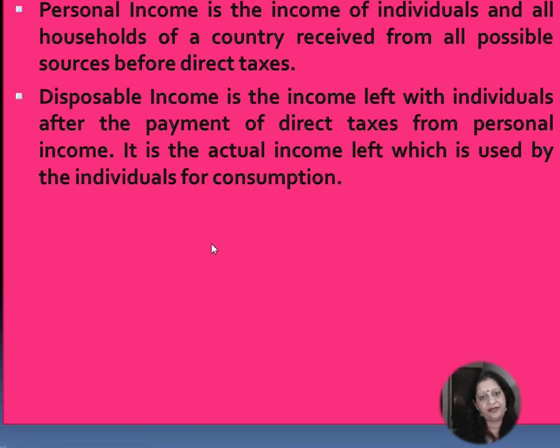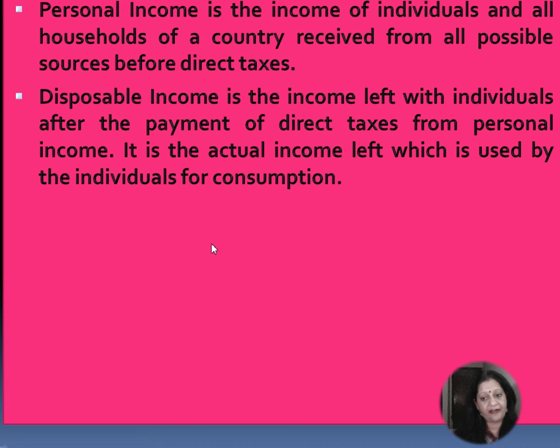For example, if there is a person known as Mr. A, he is earning a salary of rupees 1 lakh per month. So how can the income of that Mr. A be calculated?